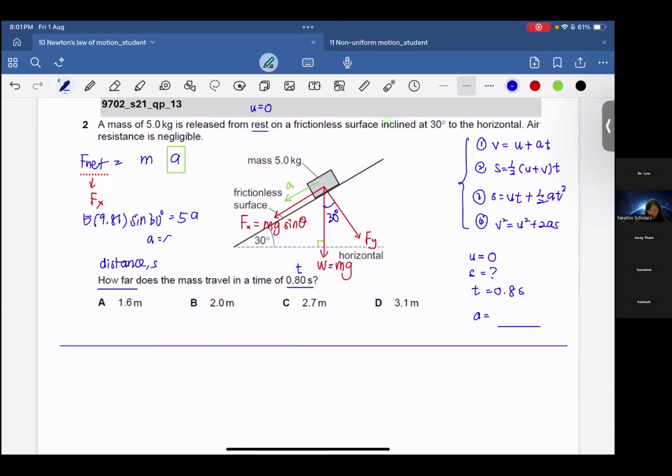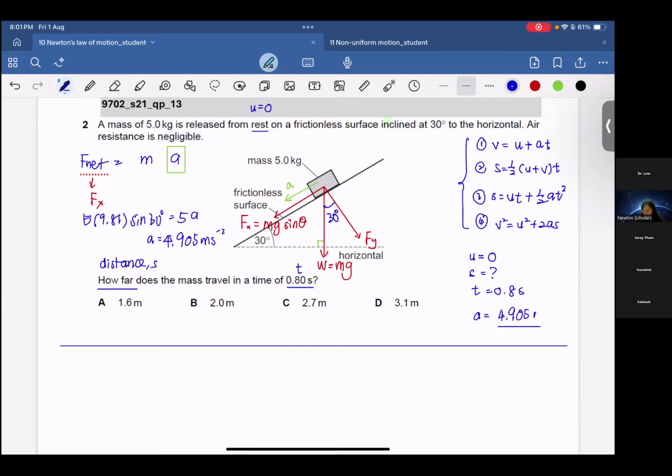Your A should be 4.905 meter per second squared. Because we are going to use this value for the next part, we won't simplify it, to keep a more accurate value. So at here your A will be 4.905 meter per second squared.